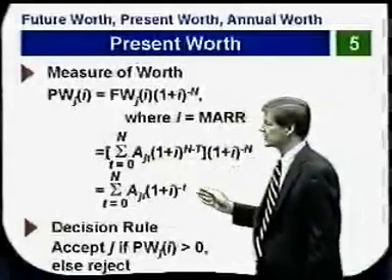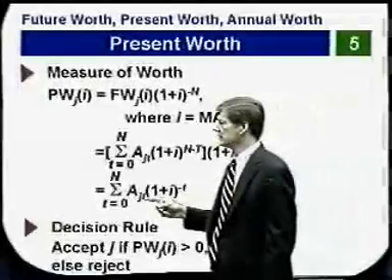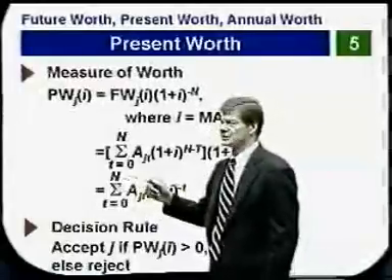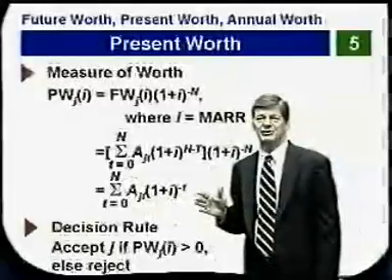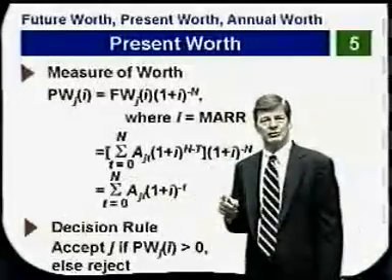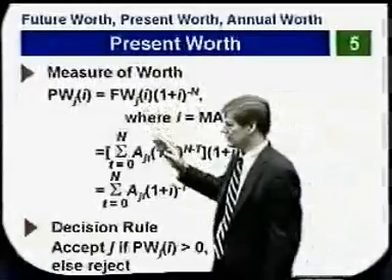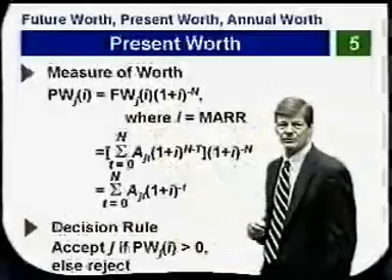Or, simplifying that, the net cash flow series, A_JT, from time 0 to time n, discounted back to time 0. We said it made good economic sense to accept an opportunity when its future worth was greater than 0, so it should make good economic sense to accept an opportunity when its present worth is greater than 0.